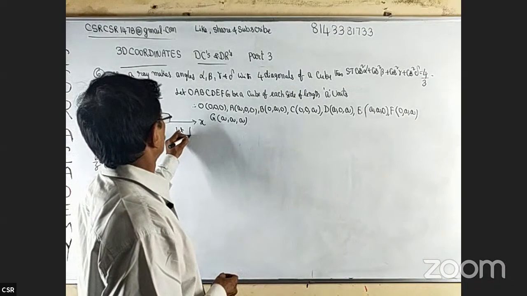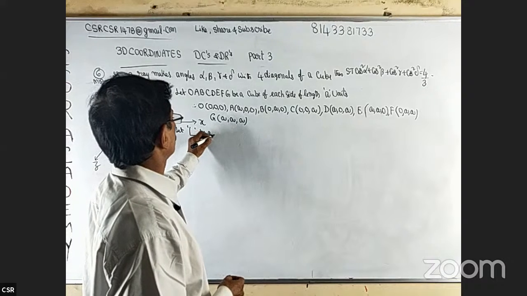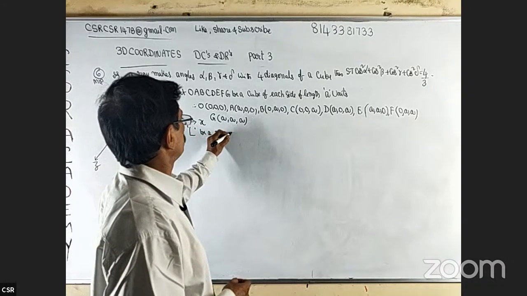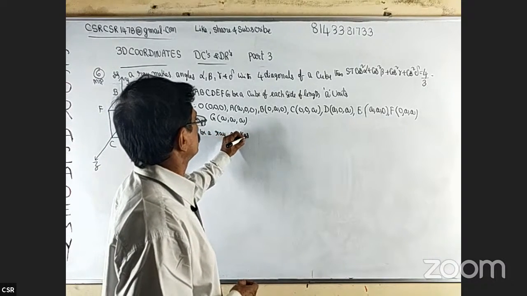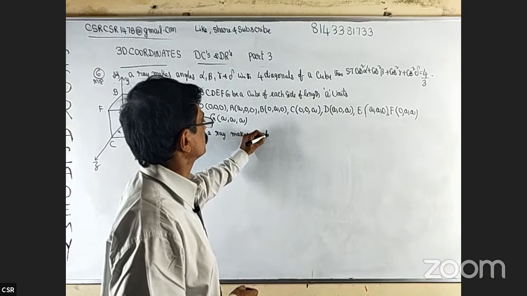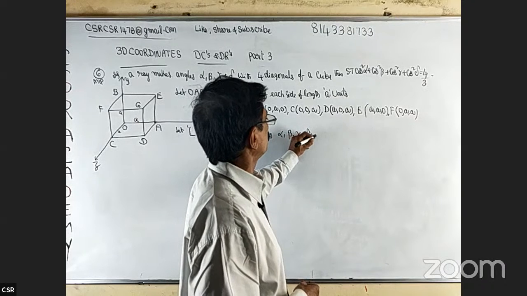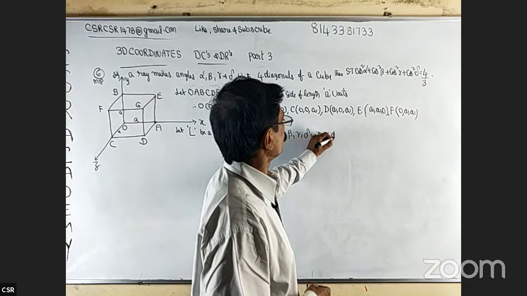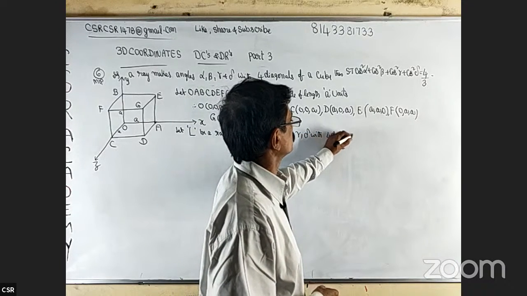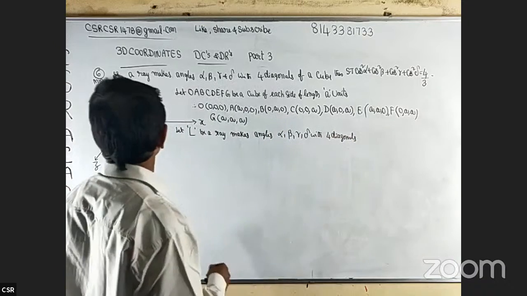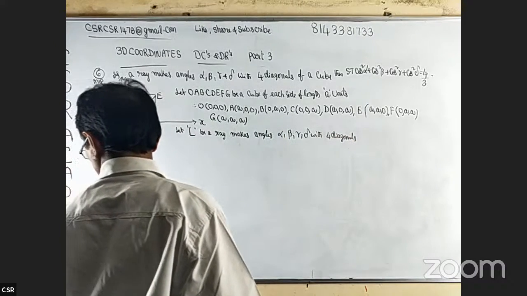Let L be a ray that makes angles alpha, beta, gamma, delta with the 4 diagonals. What are the diagonals?